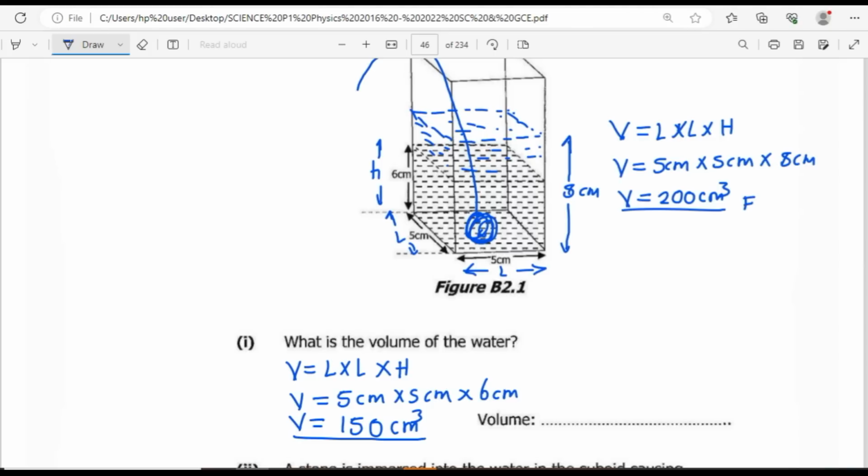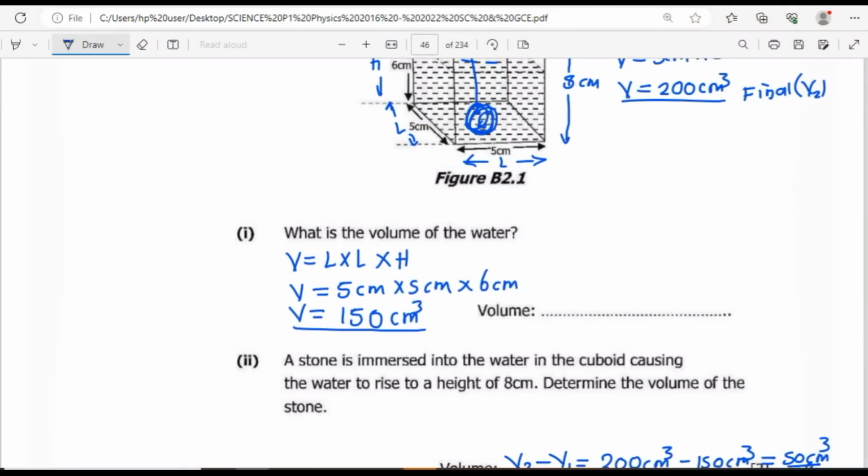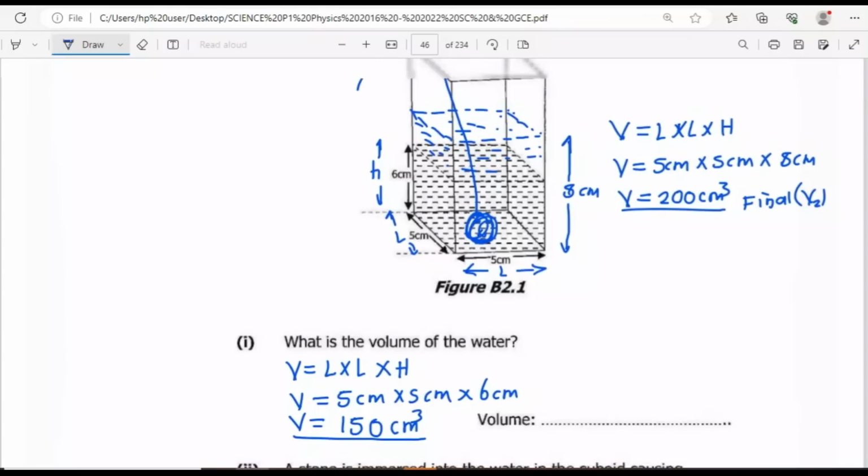So this is our volume 2, which is final volume. So now how do you find the volume of a stone? So you say volume is equal to volume 2, which is final volume, minus initial volume. Volume 2 is 200 cubic centimeters minus 150 cubic centimeters, which is equal to 50 cubic centimeters as our final answer.